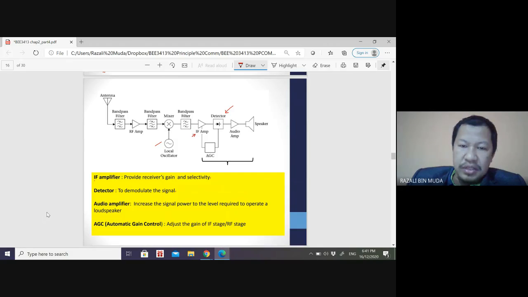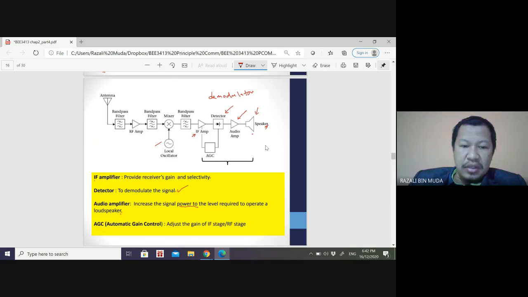The audio amplifier increases the signal power to the level required to operate a loudspeaker, so that the sound can be heard at the speaker.